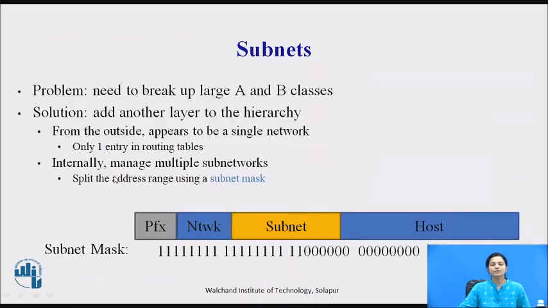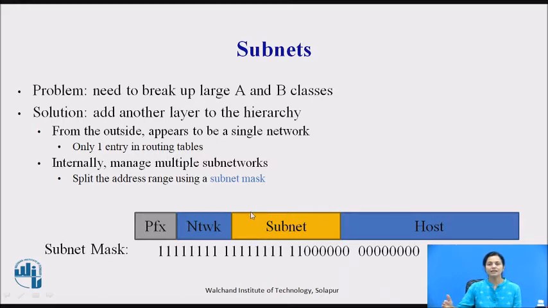Before that, one more thing I will make clear, that is what is a subnet. In the subnet, we have already seen that we are dividing the network at the host side. So total network address is there and then host address is there. The host address we can divide and we can make it a subnet.